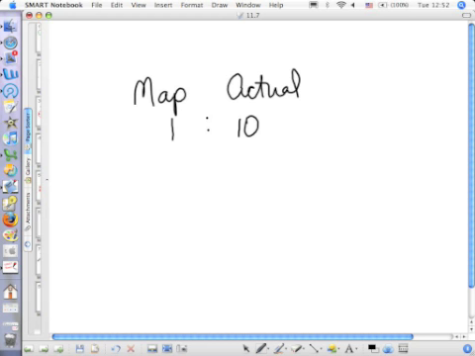So on the map, you're getting 9 square inches.